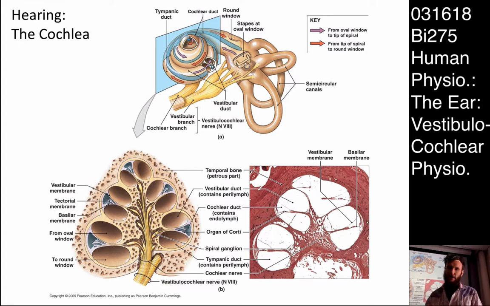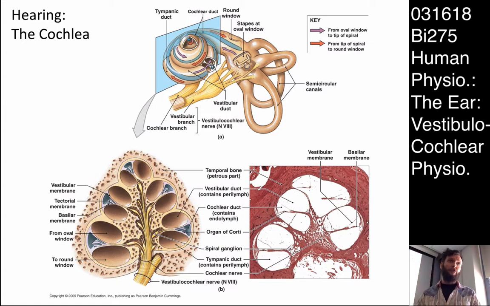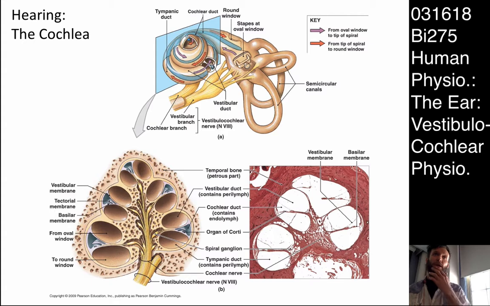The spiral ganglia is where the cell bodies of the hair cells, the inner and outer hair cells, which are the sensory receptors of the cochlea, reside. And then they project fibers along the vestibulocochlear nerve, specifically the cochlear branch of the vestibulocochlear nerve. They're really two nerves, but we lump them into the same cranial nerve because they blend into one another as soon as they emerge from the organ that they're innervating.